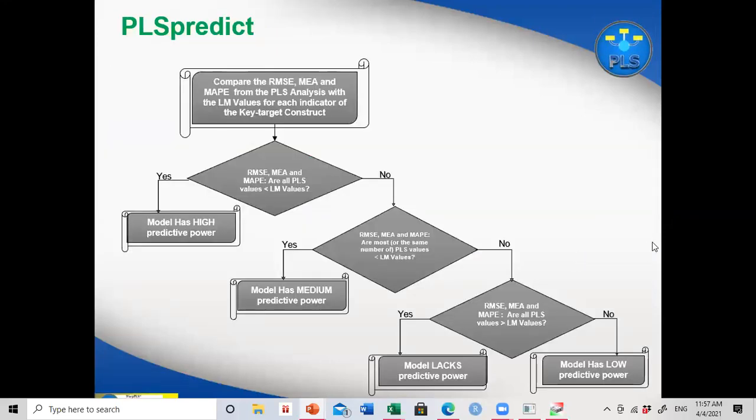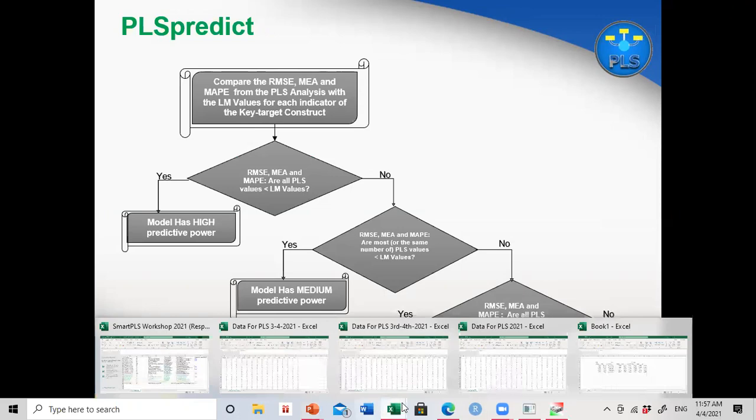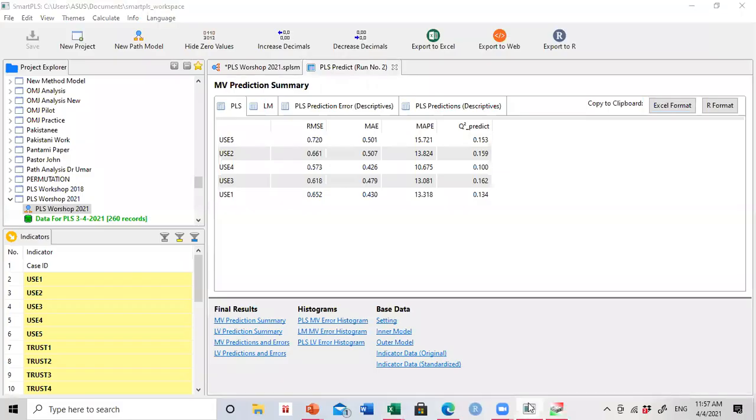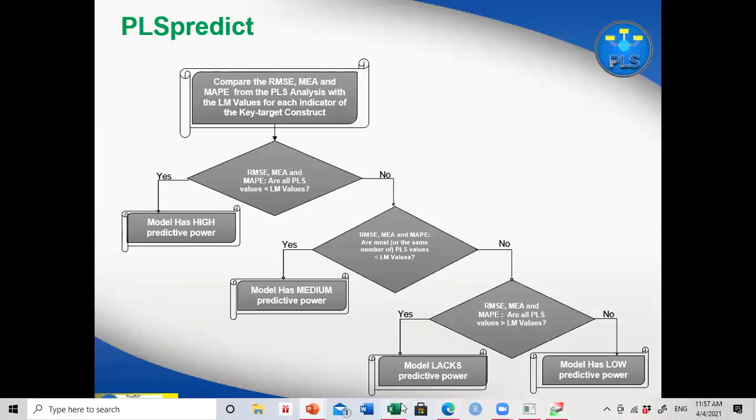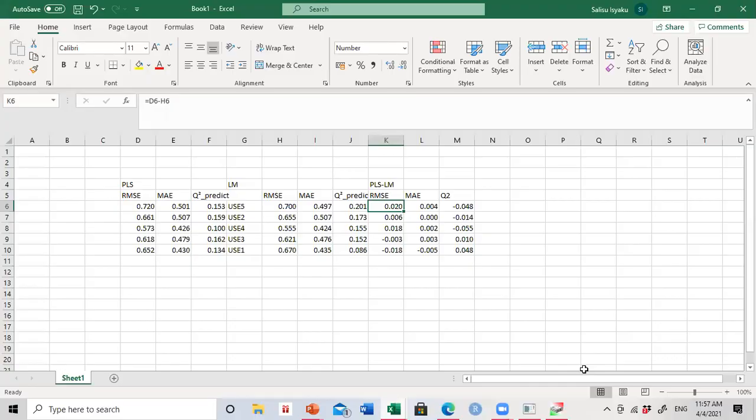Medium. Are you sure? Yes, let's go back. We have three positive and two negatives. Let's go back to check the result.